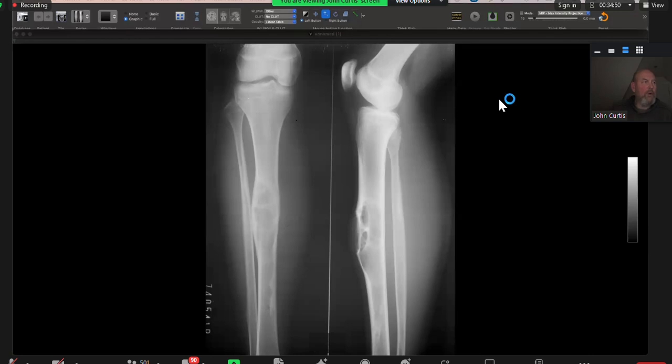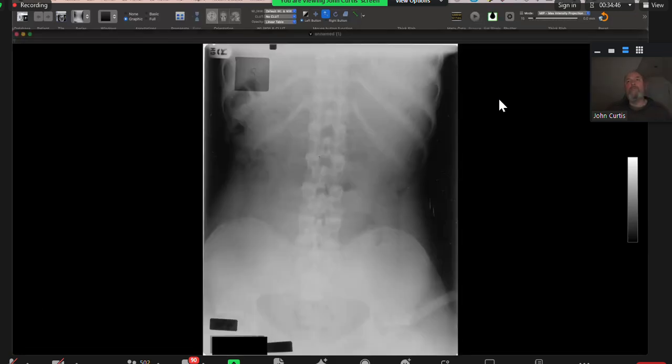Have a look at this one. Tell me what's going on there. I have been presented with an abdomen radiograph for an adult patient. Can we change the contrast of the image?